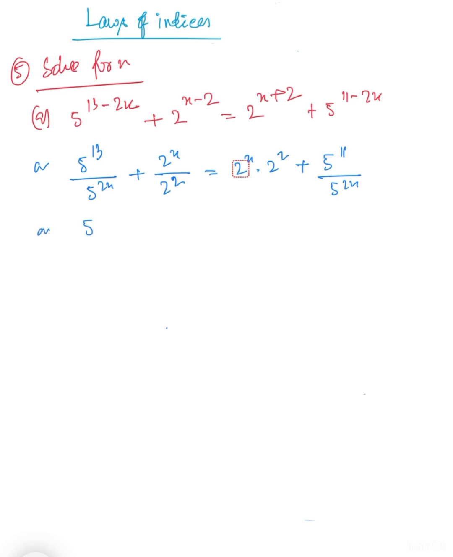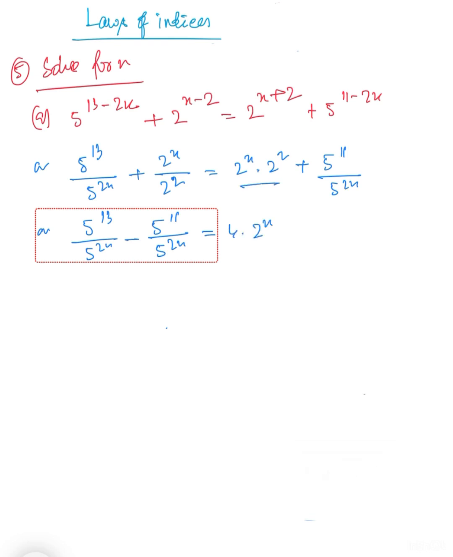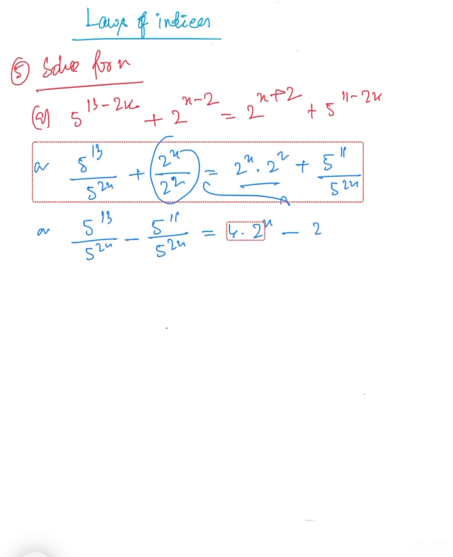So if we take all the 5s on one side and 2s on the right hand side, it becomes 4 into 2 to the power x minus 2 to the power x by 4.